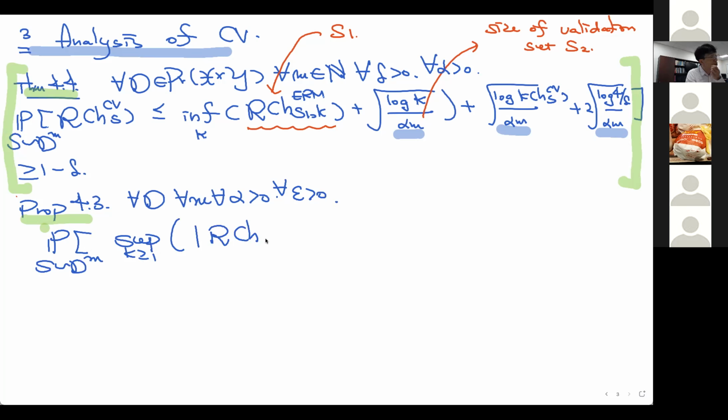What this proposition tells us is how close the empirical risk is going to be to the real risk for every ERM solution.